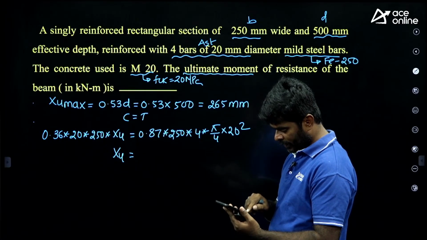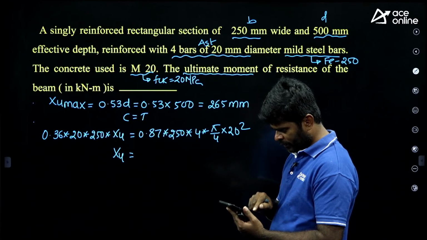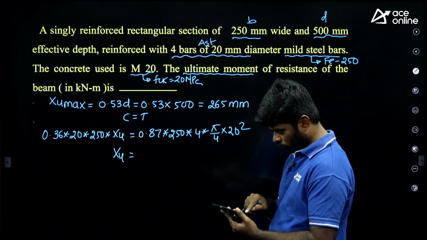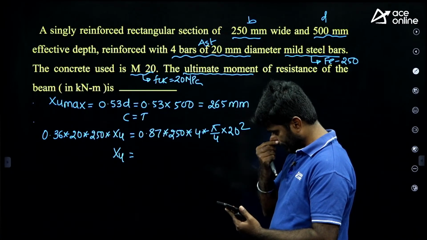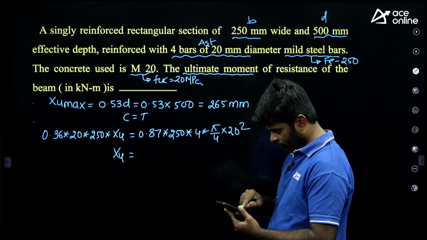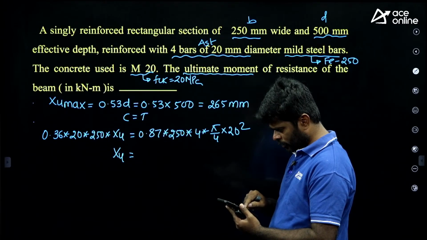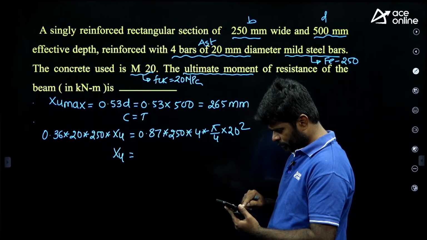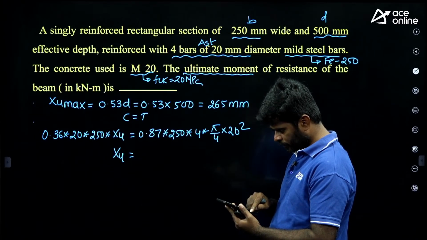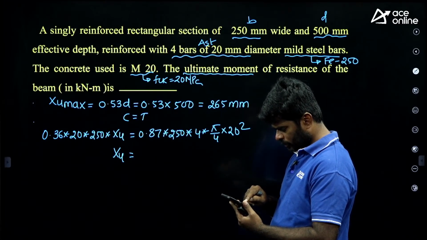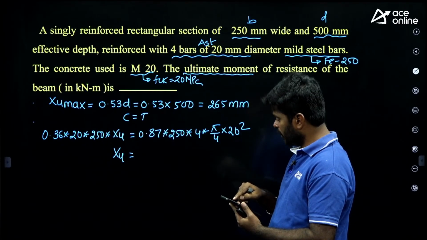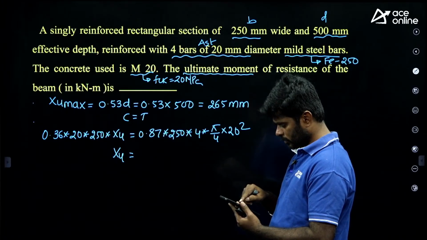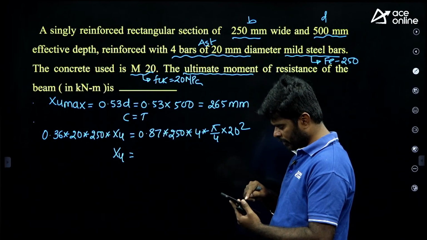0.87 Fy AST, 4 into 314.159 divided by 0.36 into FCK into B. B is 250. 0.36 into FCK into B. I am getting a very high value.